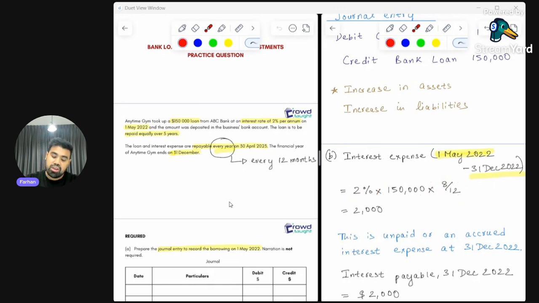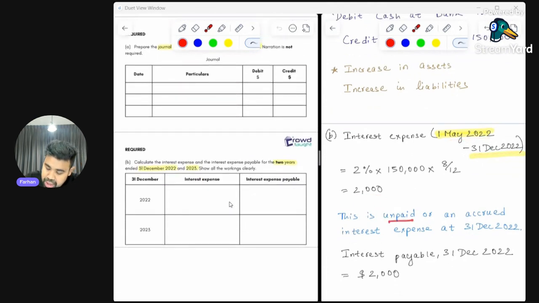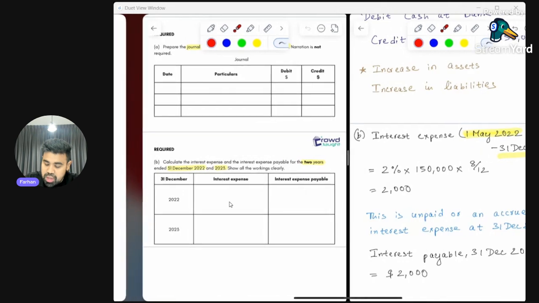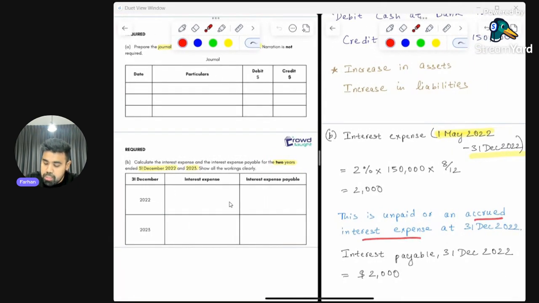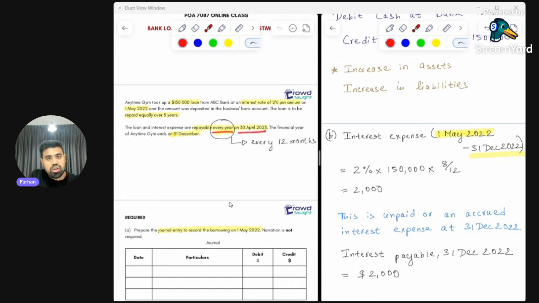So altogether, the interest expense we have is $2,000 for the 8 months of 2022, starting 1 May and ending 31 December. Okay? Now, this $2,000 in interest expense is unpaid or accrued interest expense, or interest expense payable, at 31 December 2022. Why is that so? Because based on the question, we understand the loan and interest expense are repayable every year on 30 April 2023.